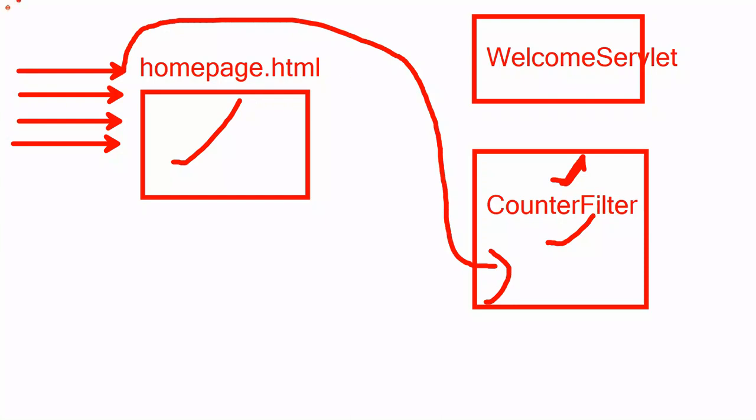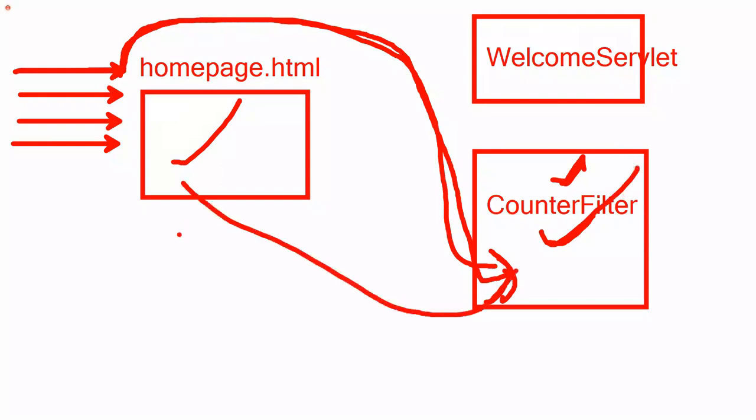Observe, you are sending a request to HTML. In the XML file, whenever a request comes to homepage.html, divert the control to counter filter. Then the filter executed, control comes back, and then HTML executed.